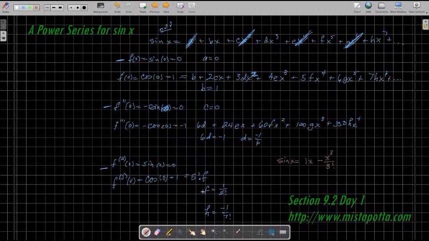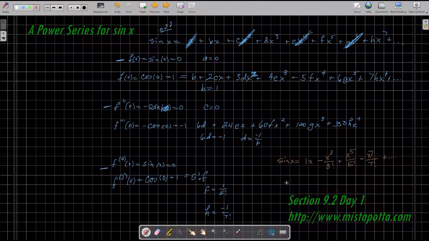The next term is the fifth power, which is positive, so that would be x to the fifth over 5 factorial. The next term is negative, and it involves the seventh degree, so x to the seventh over 7 factorial, and so forth.